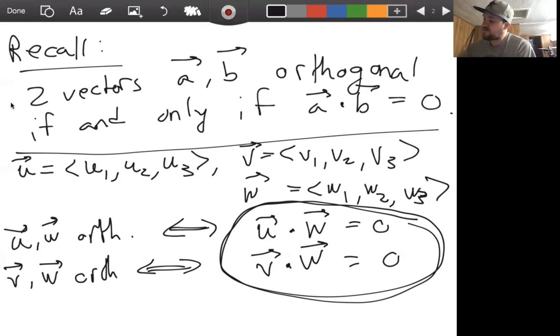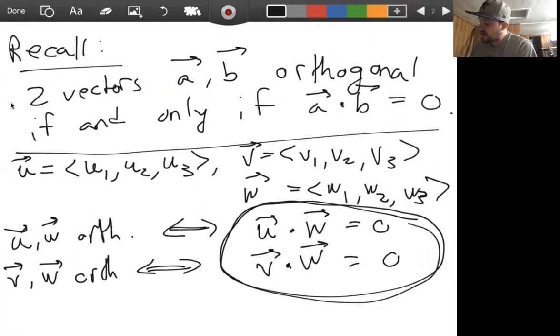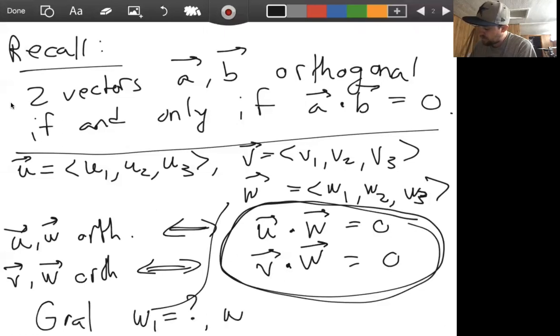Because what are we trying to solve for? Let's keep in mind what we're trying to solve for. We're looking for this vector w. We're trying to express this vector w in terms of the vectors u and v. And what that means is the main goal is: w1 equals what? w2 equals what? w3 equals what?